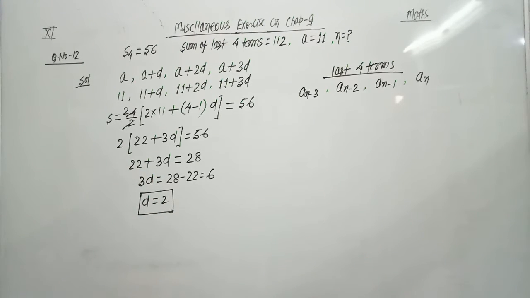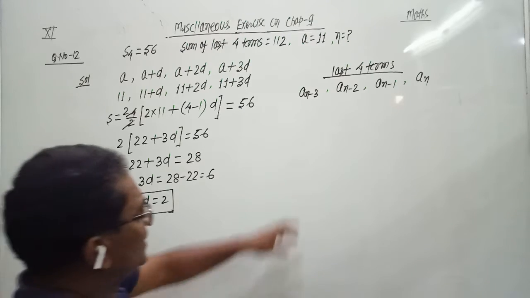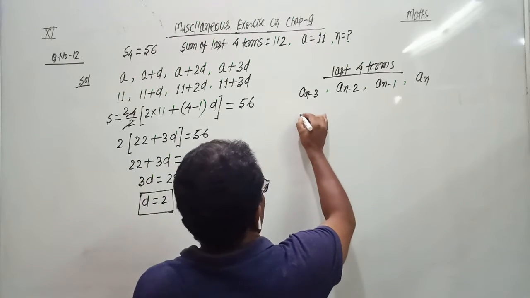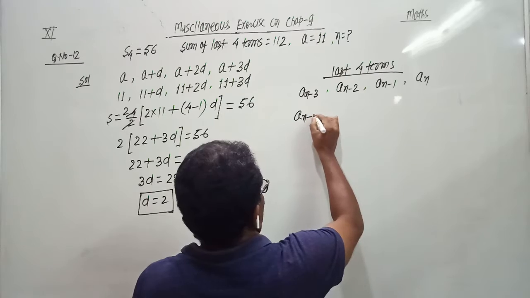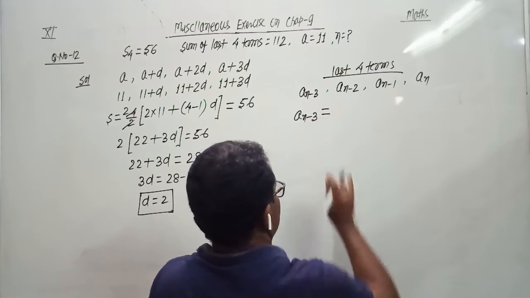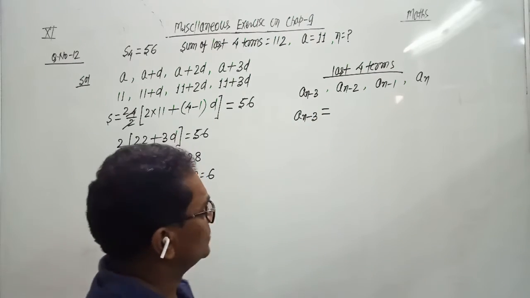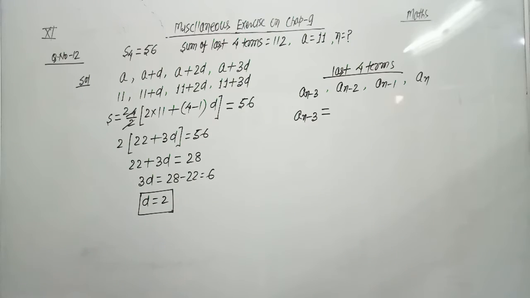So first we calculate the value of a n minus 3, and we use the formula a n equals a plus n minus 1 into d.